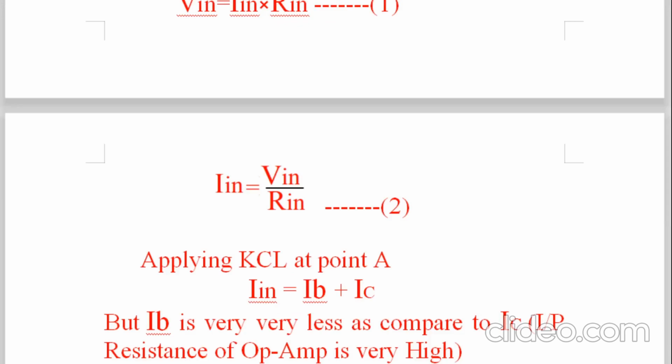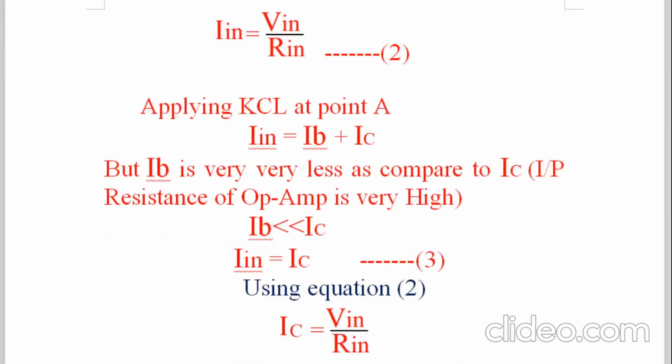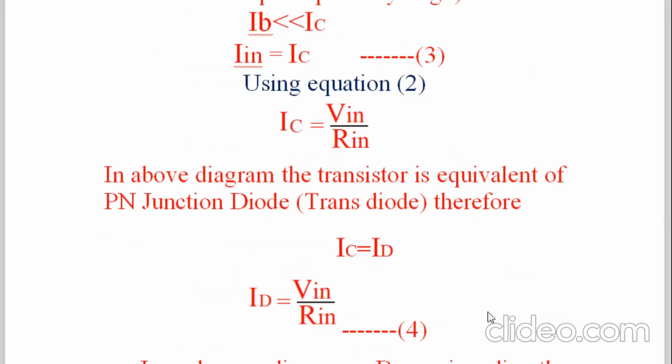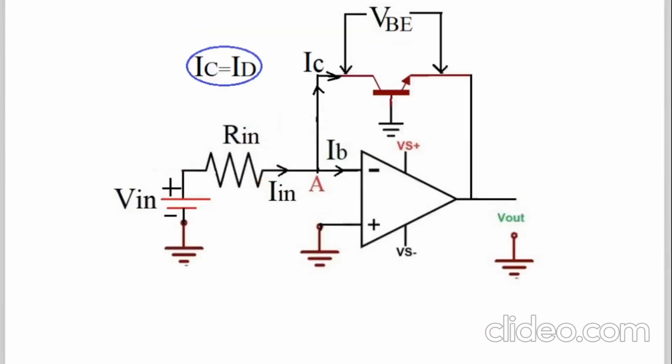Vin is equal to In into Rin, and In is equal to Vin divided by Rin. But in this case, the next step we had said that IC is equal to ID, because the collector current is 99% equal to the diode current, because this is a diode entirely, and this incoming current is 99% equal to the diode current.